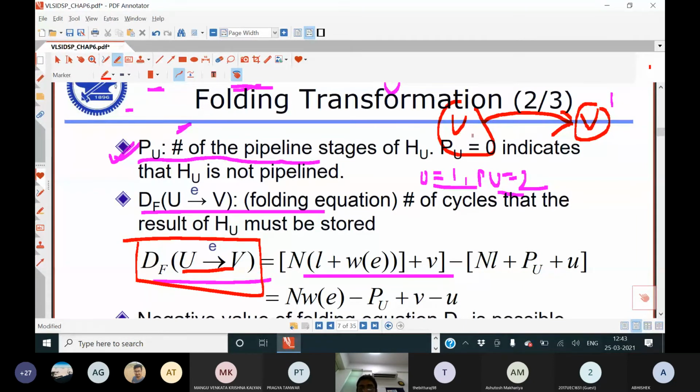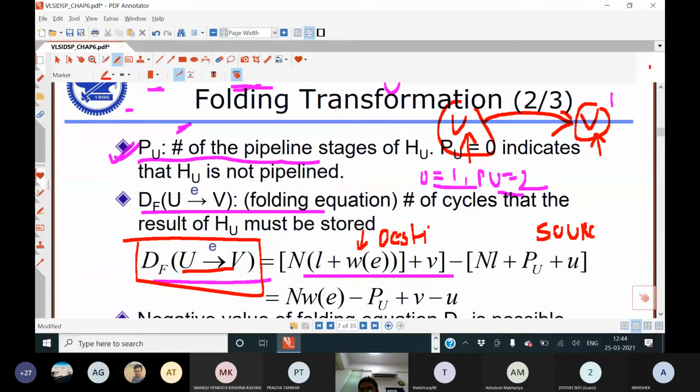If I am considering U to V, then I need to consider when U will be executed and when V will be executed. So when we apply D of U to V, this is for the destination and this is for the source.